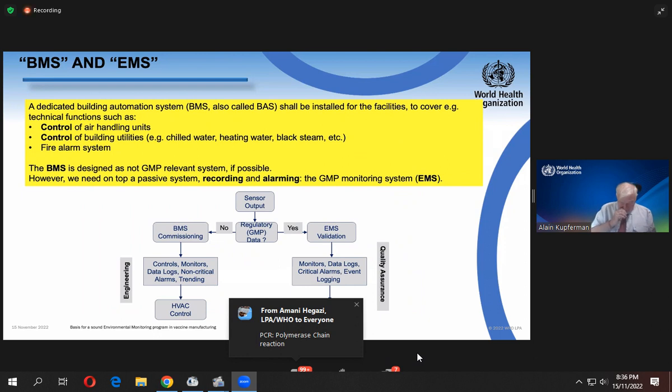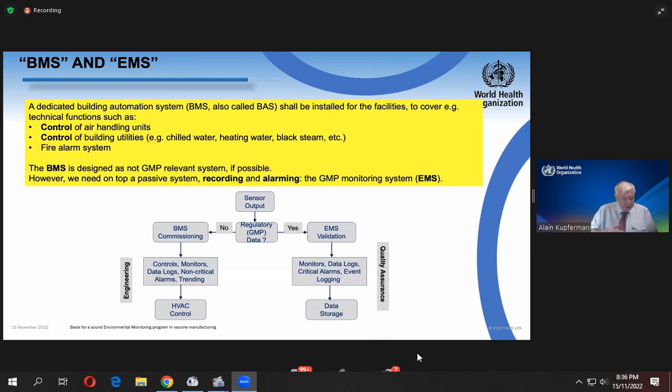Good. But then to do this, I would like also to introduce you to a terminology, which is BMS and EMS. If you have a factory, you will have what we call a building management system or building automation system. This building automation system will control your HVAC, your heating, your ventilation.